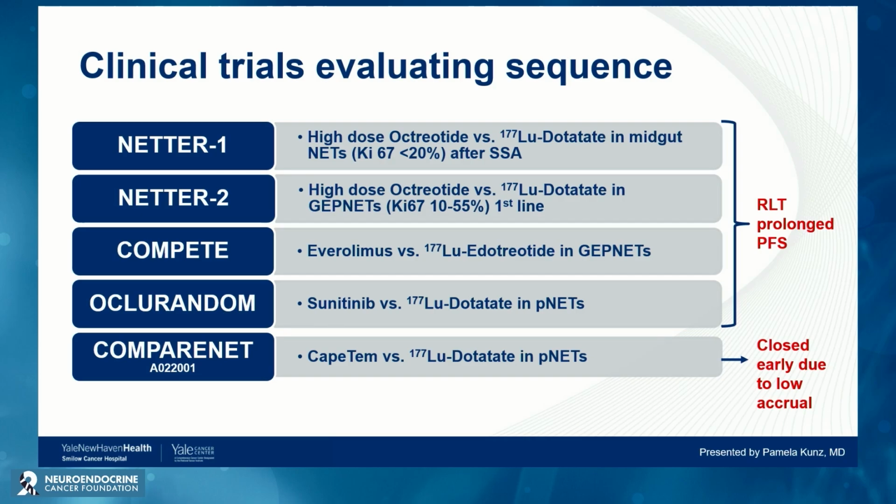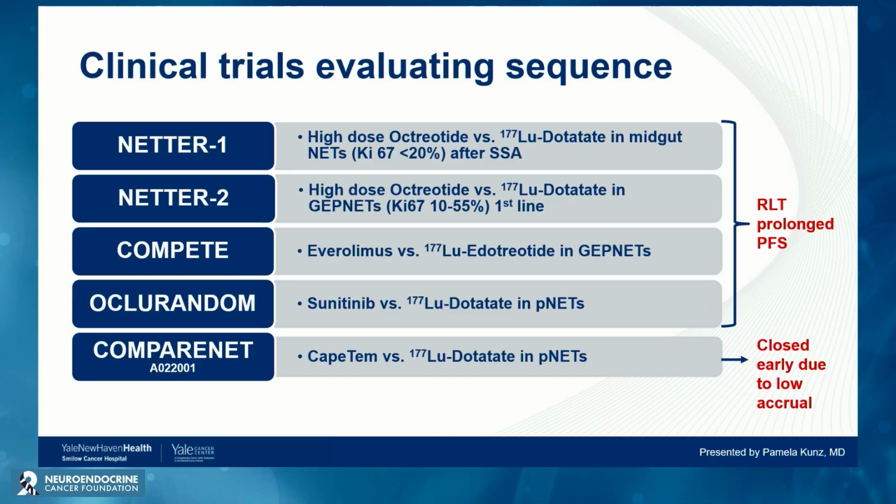So the top 4 trials, NETTER-1, NETTER-2, COMPETE, and OCLA-RANDOM, all compared an active treatment versus radioligand therapy. In all 4 of those trials that are now complete, the radioligand therapy did better. These were in various lines of treatment.